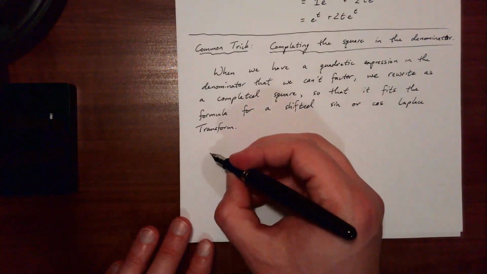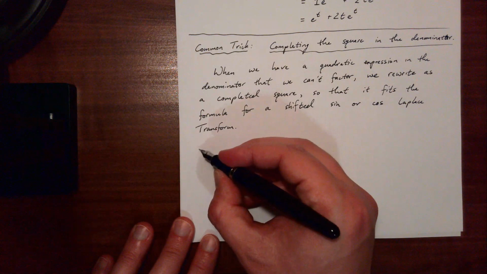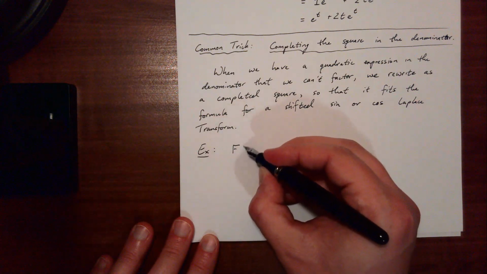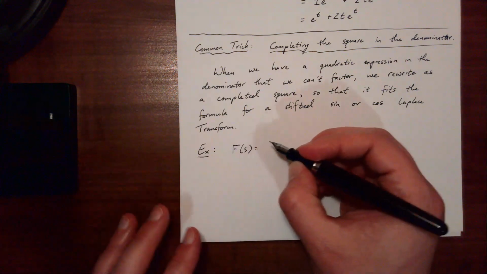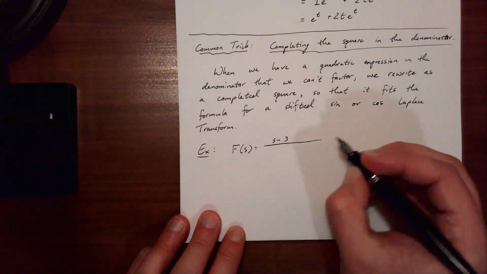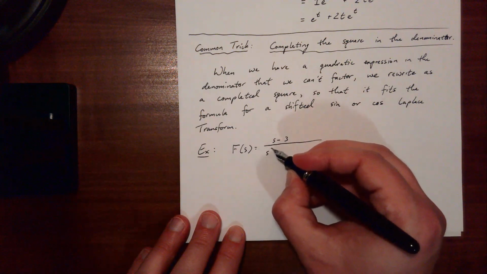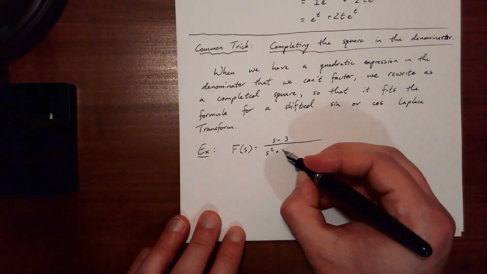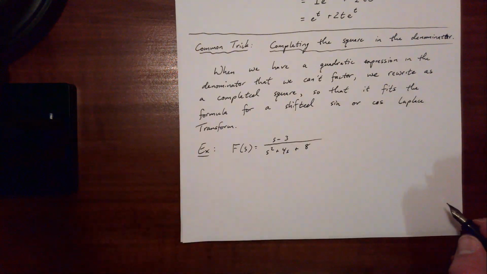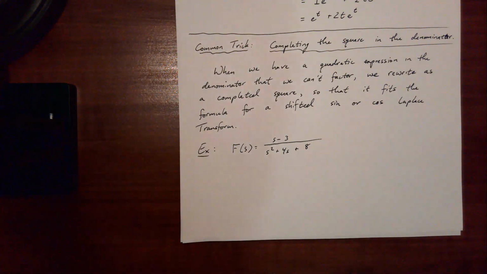So just an example of what this might look like would be something like this. Let's say f of s is equal to s minus 3 over s squared plus 4s plus 8. Now the s squared plus 4s plus 8 is not itself in any kind of usable form.